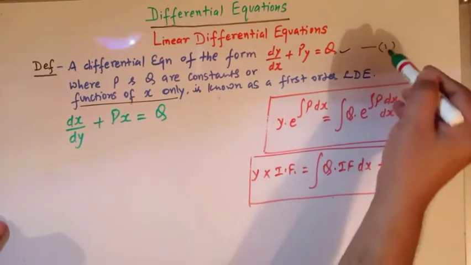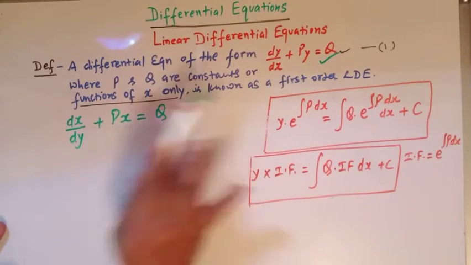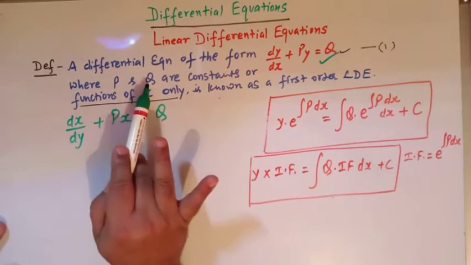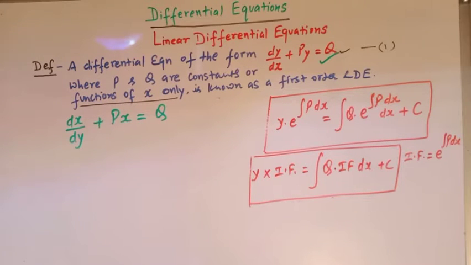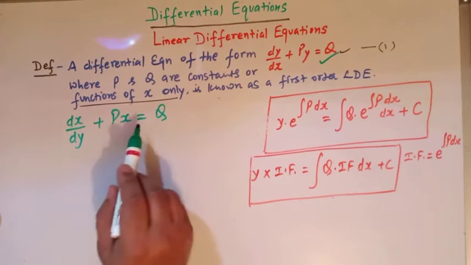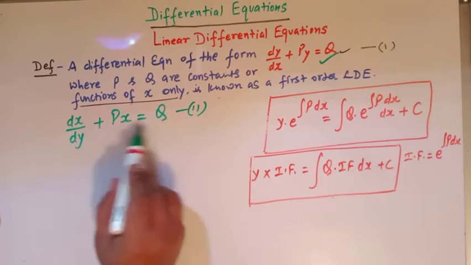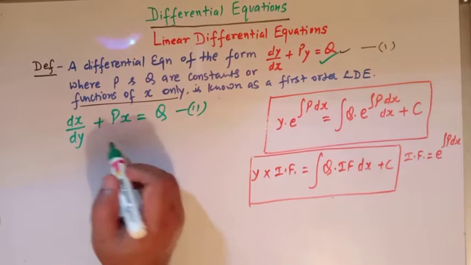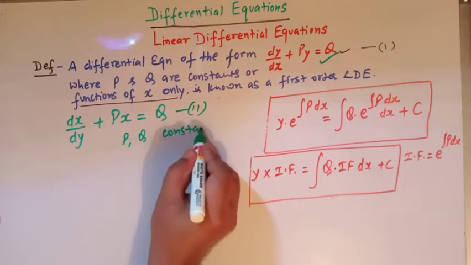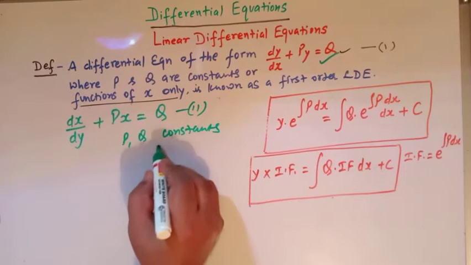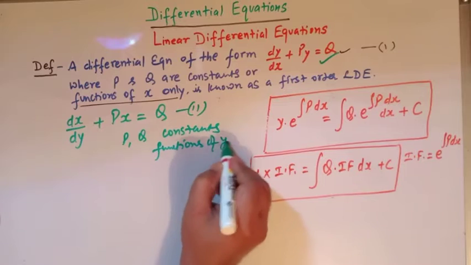In equation 1 we defined p and q as constants or functions of x only. Clear? But in a linear differential equation of this type, we define p and q as constants or functions of y only. Clear? Functions of y only.